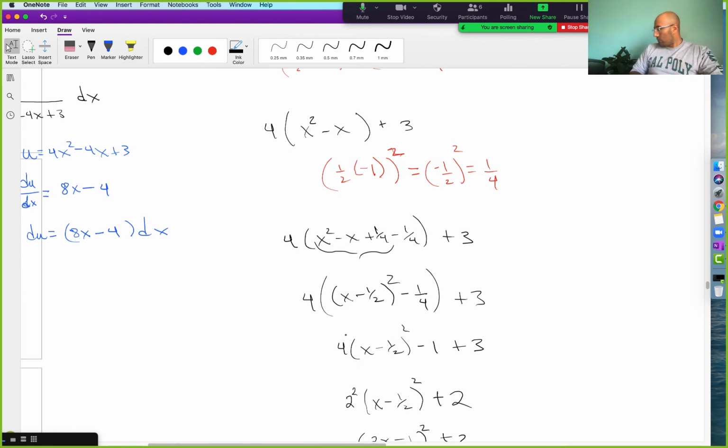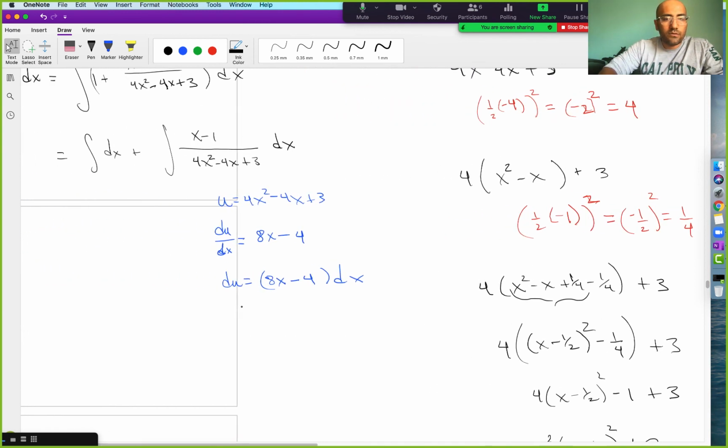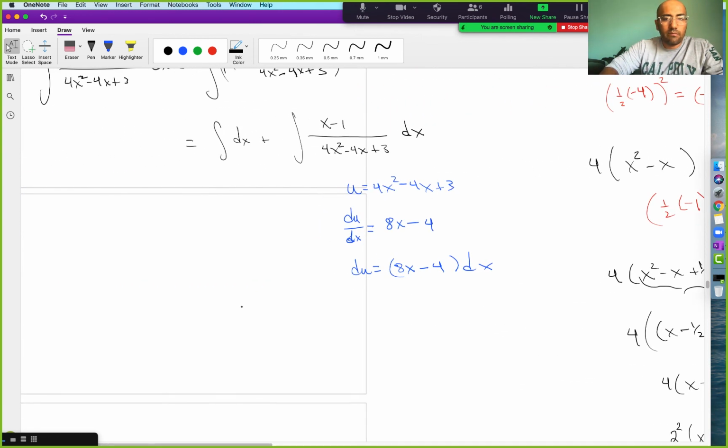Okay, so once I have that, I can rewrite this the following way. All right, so back to this. So I tried this and it was close, but there's just some ugly constants that bug me.